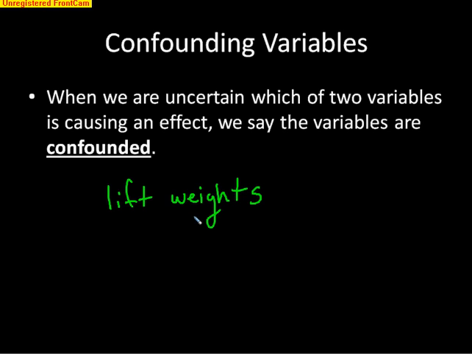Meaning at the end, if I said, wow, all of my patients lifted weights and took the calcium pill, oh boy, was it the lifting weights that caused the bone density to increase, or was it the calcium pill? I don't know. See, I didn't control for lifting weights. I didn't really think about lifting weights, but I found out at the end that they all lifted weights. So which one did the causing? Was it the lifting weights that caused the bone density to go up, or was it the calcium? Oh boy, I don't know. That would be a confounding variable. We obviously want to try to get rid of confounding variables so I don't have any confusion there.